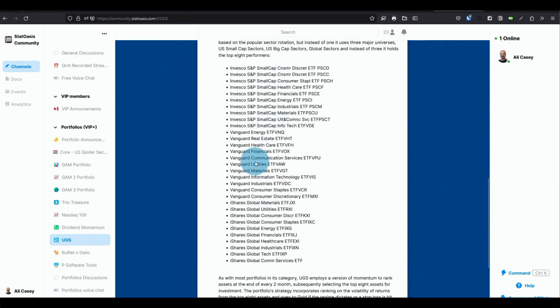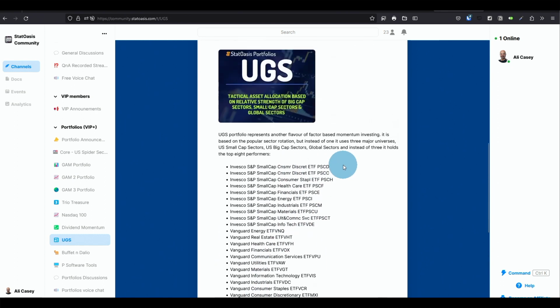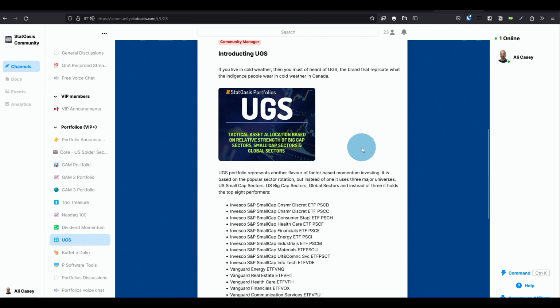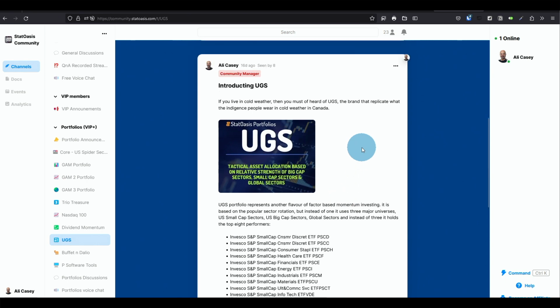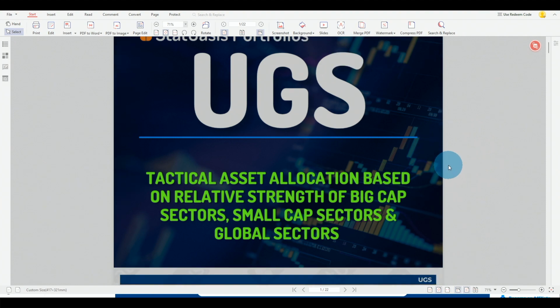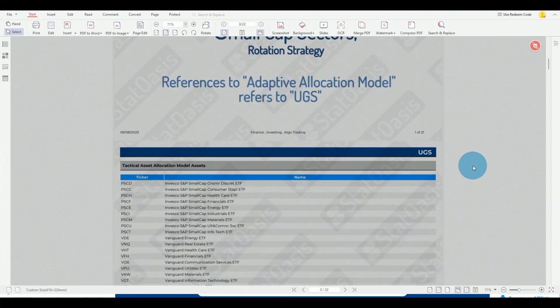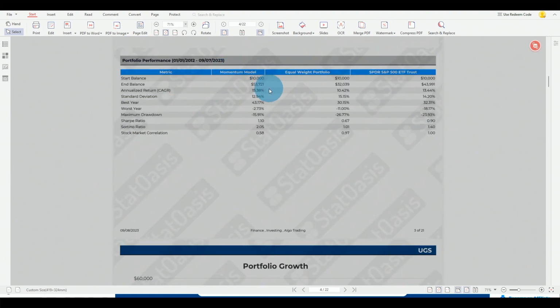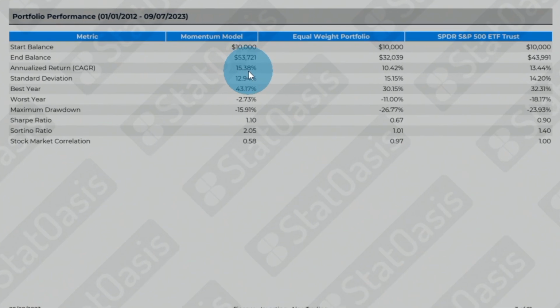So the Vanguard, US sectors, the global sectors, and the small cap sectors. And then it uses some version of rotational strategy to invest in. And if we look at the PDF file that comes with this portfolio, you can see that we are making 15.38% compound annual growth rate with 15.9% drawdown.